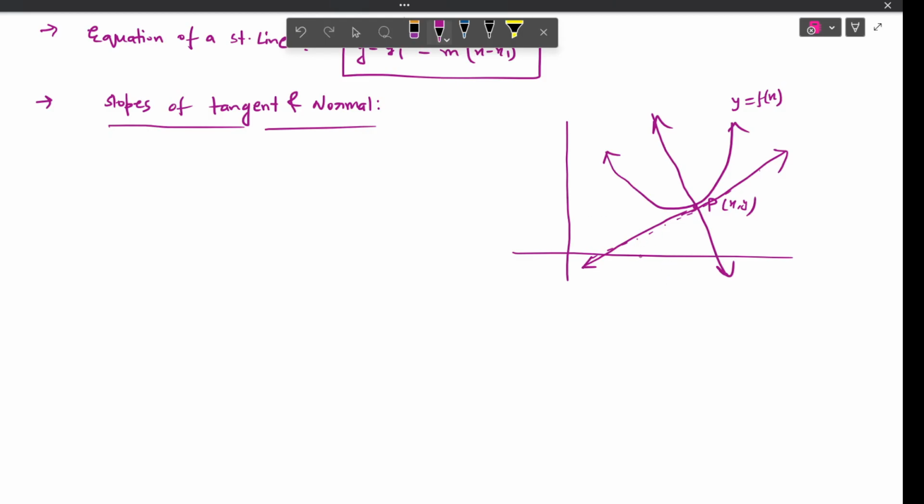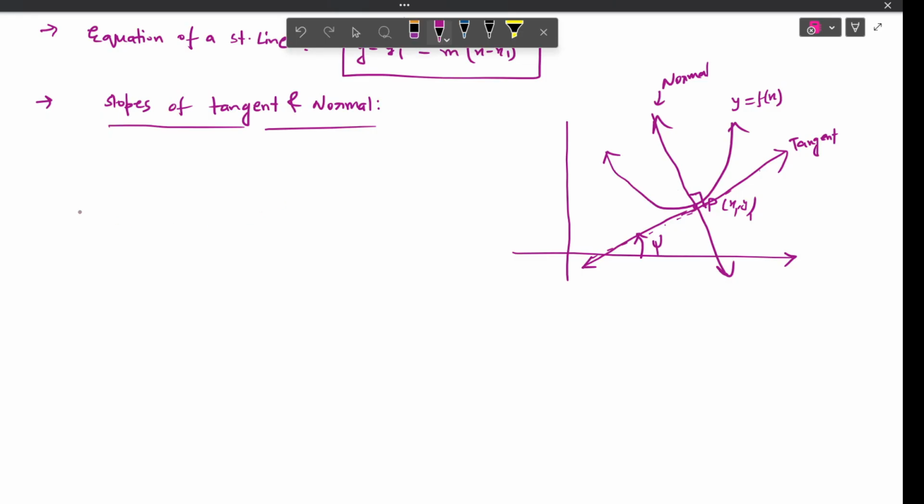So let us say this tangent makes angle psi with the positive direction of the x-axis. And this is the point P (x1, y1), let us say. So this is your tangent and this is your normal. The normal is perpendicular to the tangent.